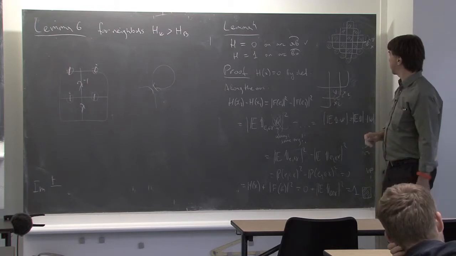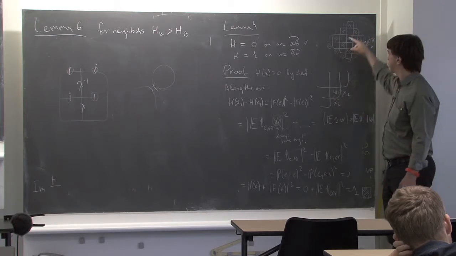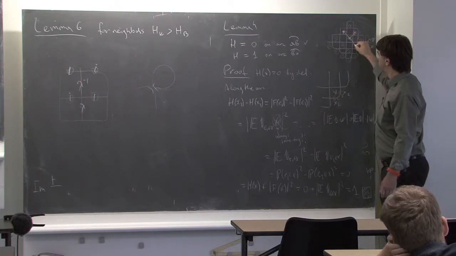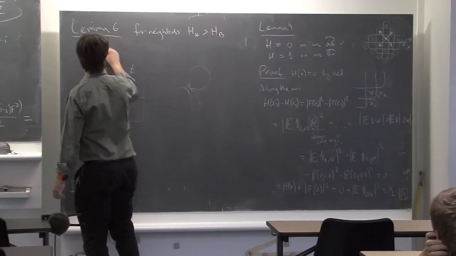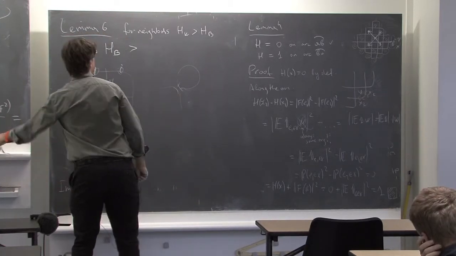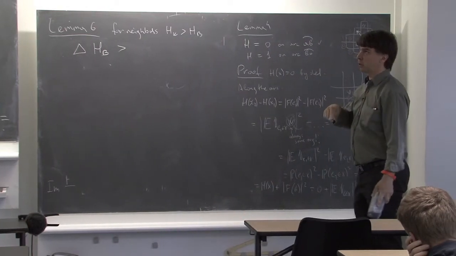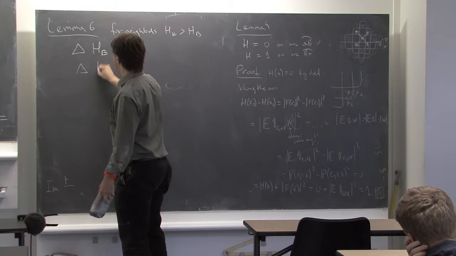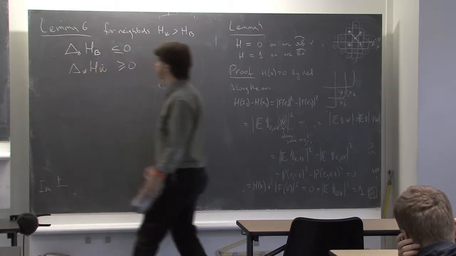Now there is a very nice observation: if we take H on black and compute the Laplacian, not compared to white, that won't do anything, but compared to black neighbors, wait a second, blacks are smaller, so the Laplacian is negative. And the Laplacian of H on white is positive.